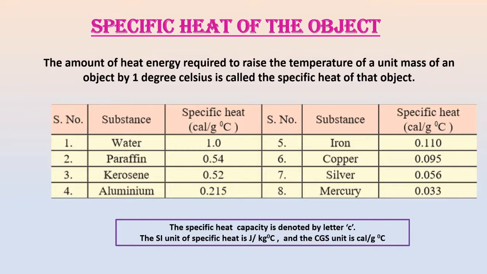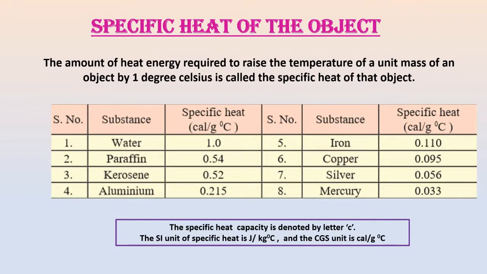Now here are different substances. There is water, paraffin, kerosene and aluminium, and the specific heat for all the substances is different. For water it is 1, for paraffin it is 0.4, for kerosene it is 0.52, for aluminium 0.215, and there are also iron, copper, silver and mercury.